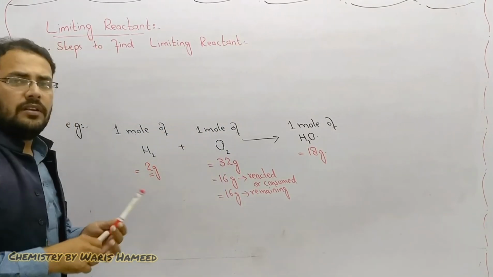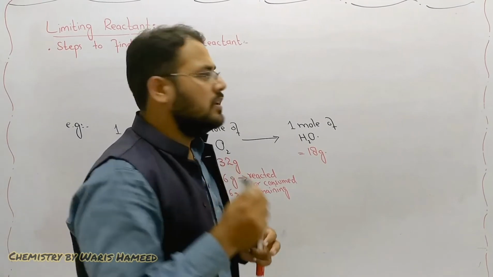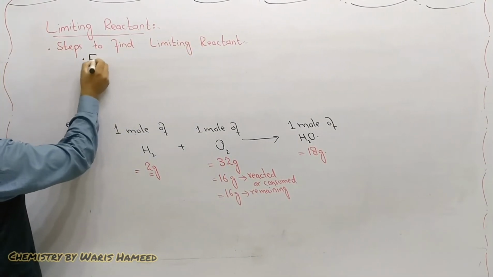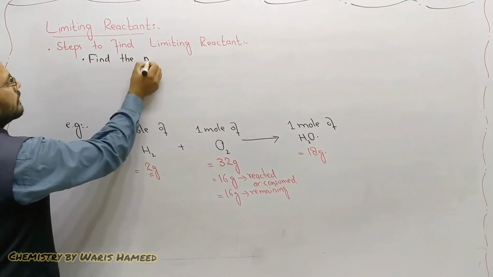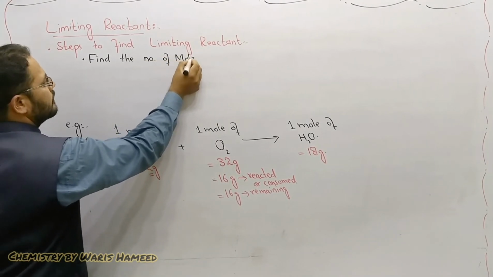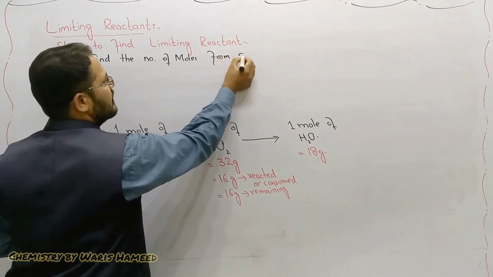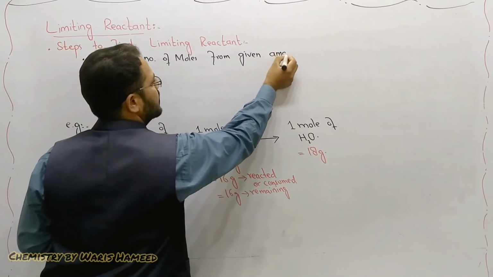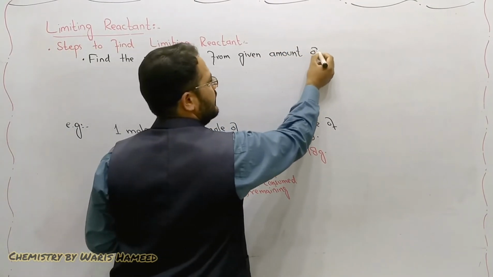First of all, find the number of moles from the given amount of reactant.